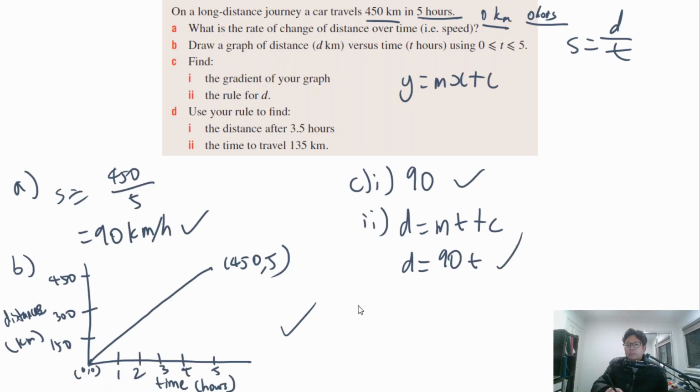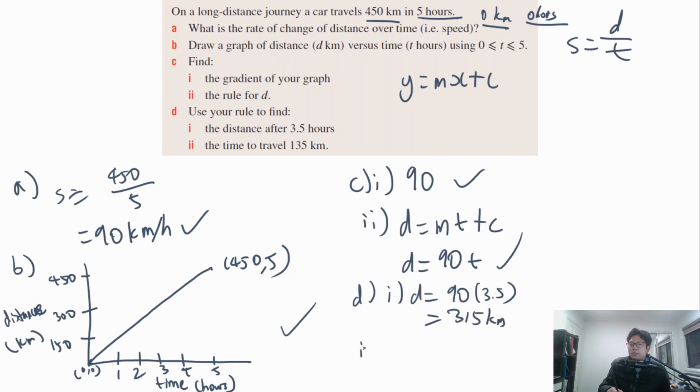Now last part, question D, this is just substituting into the equation we made just over here. So the distance after 3.5 hours, so we'll replace t with 3.5. So D equals 90 times 3.5, and if you work that out, that gives you 315 kilometers.